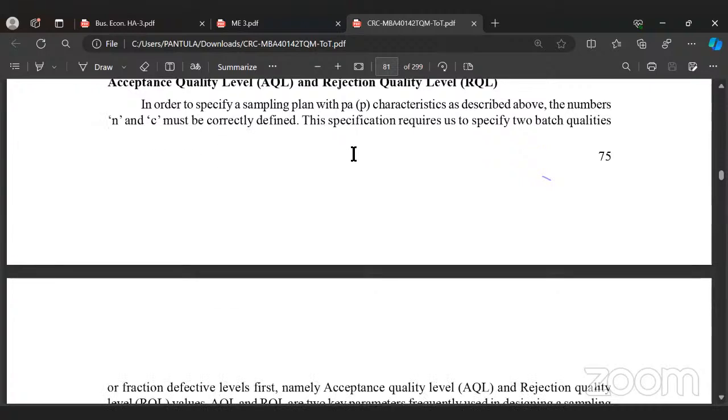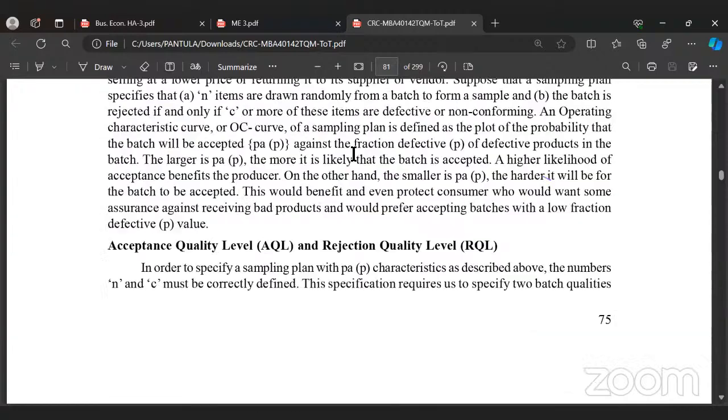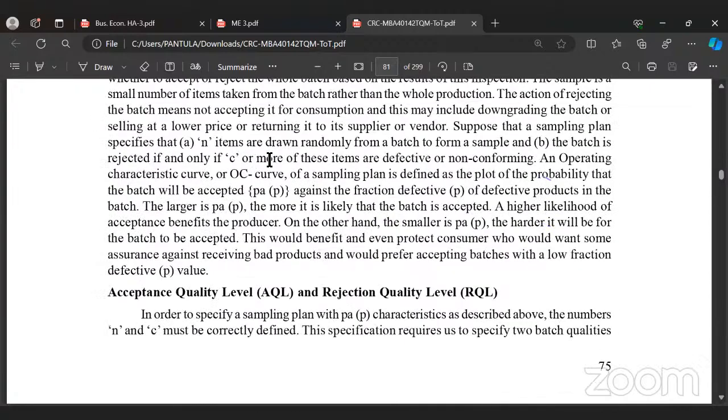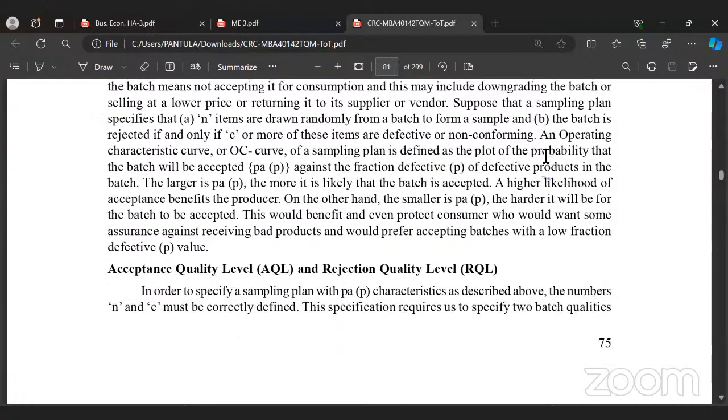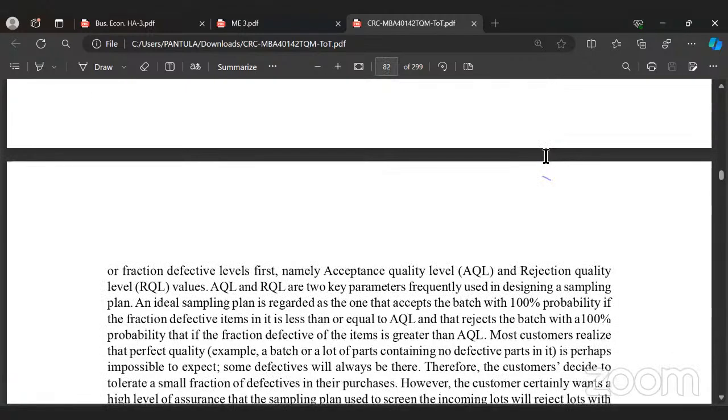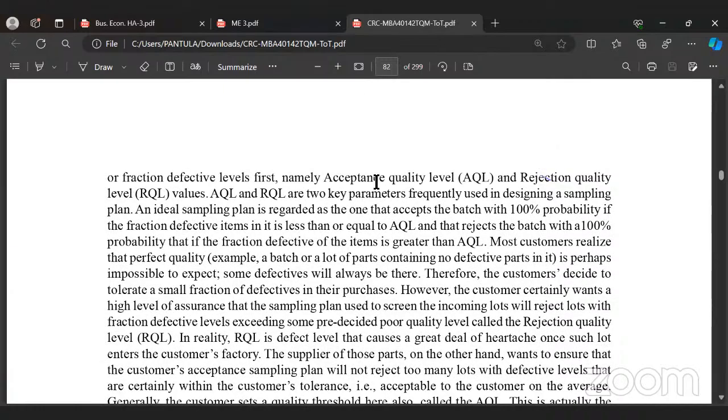So n is the number of samples. What is the number c here? See here, c is the number of defective items. Now you are going to see the fraction of defective level, namely the accept quality level.